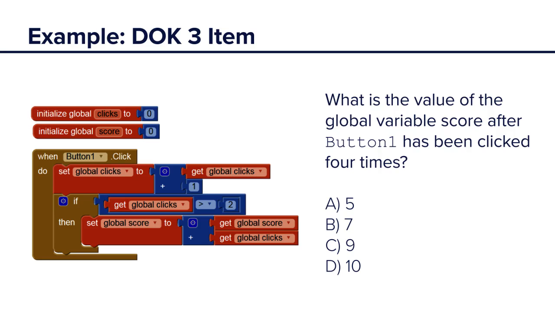This last step in particular is often a novel situation for students. Students have to work through each of these 3 steps 4 times to answer this problem correctly. Because this item asks students to use multiple concepts to solve a non-routine problem, this item is a DOK3.